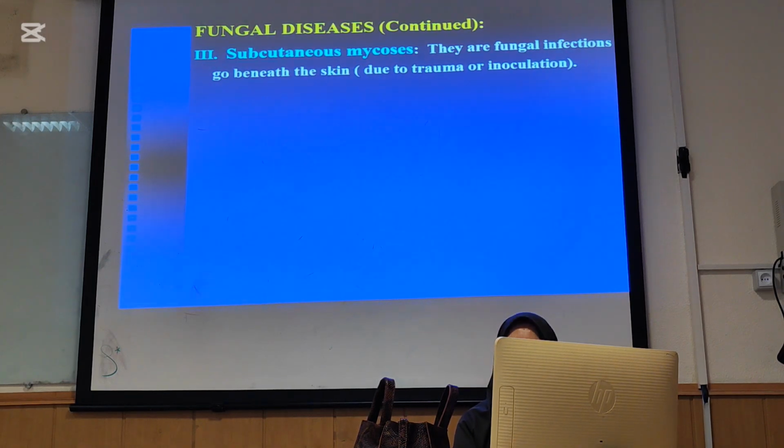The third form of fungal infection is named subcutaneous mycosis. The causative agents usually live in the environment as saprophytic fungi, living in soil or on vegetation matter.